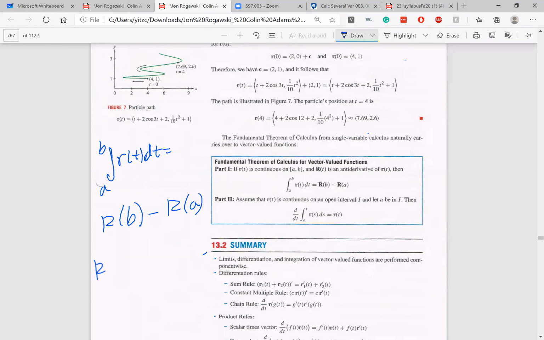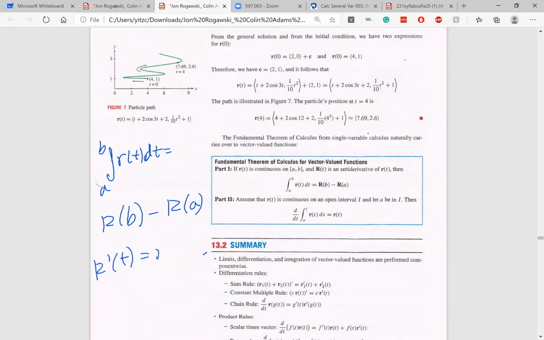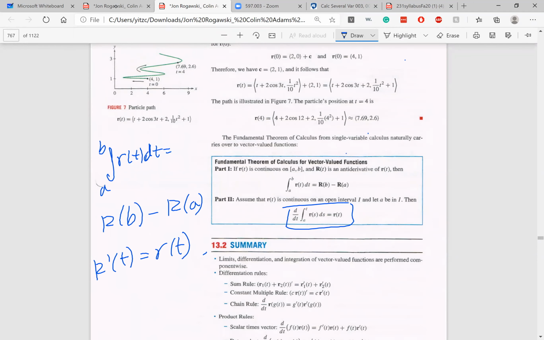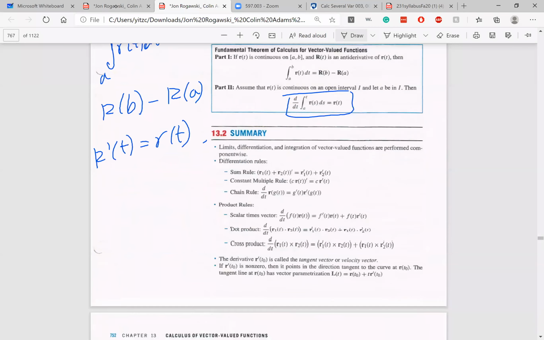We also have the formula that the derivative of the integral just drops the integral. Both are very similar to the fundamental theorem of calculus from Calc 1, but now you have 3 components in each place instead of 1.